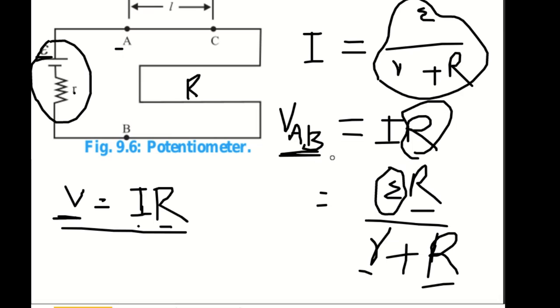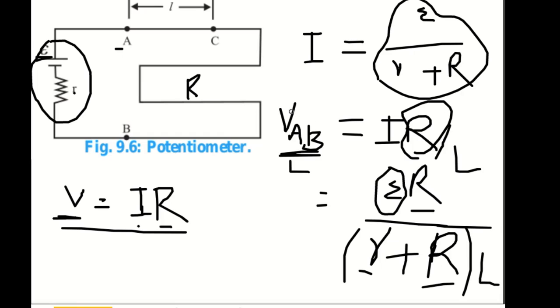Suppose I divide this by L, that is the total length of this circuit. So L is also constant.